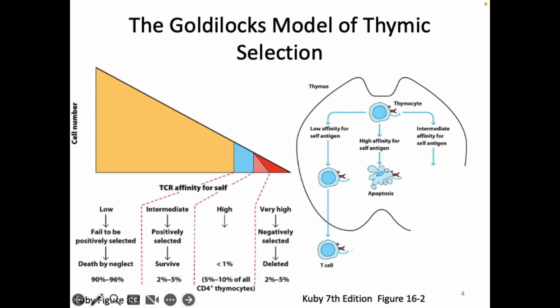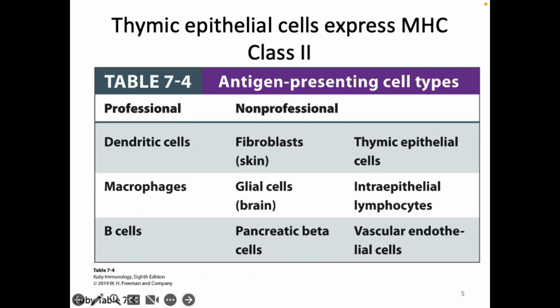Those structural cells of the thymus are nucleated cells. As a result, they express MHC class 2 or class 1, as do all nucleated cells. And if you remember, some of those structural cells of the thymus are on the list of specialized cells that present on MHC class 2 as well.